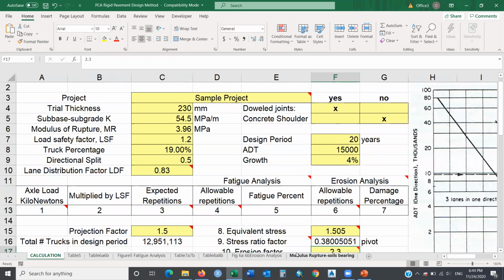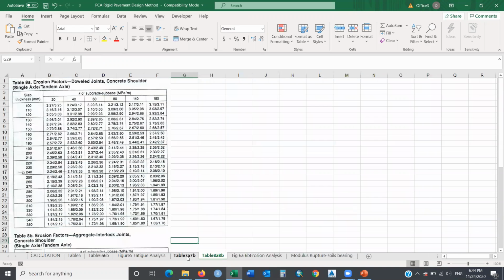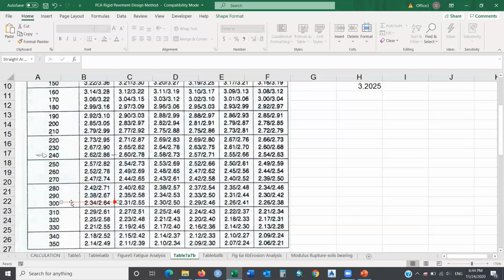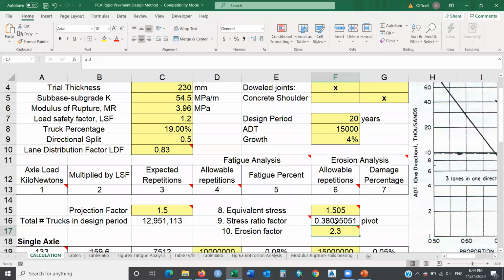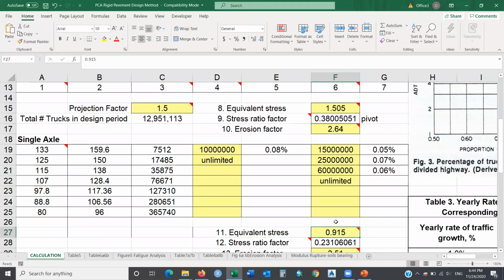And in erosion, I'm somewhere between 264 and 265. So let's say 264. That's for single. And for tandem, of course, I need to erase these values.